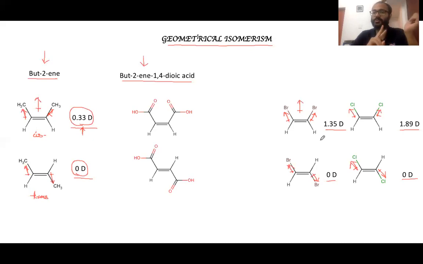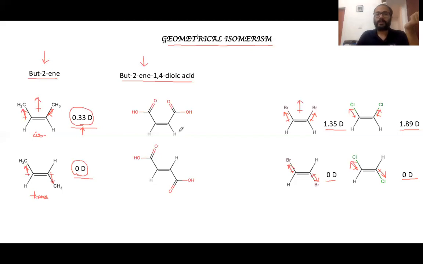So these are the two properties mentioned in your syllabus. So I have discussed only those two. There are other factors like solubility also. You can take it as a property to distinguish between cis and trans isomers. Apart from that, in the case of maleic acid and fumaric acid, you can distinguish them on the basis of formation of anhydrides.